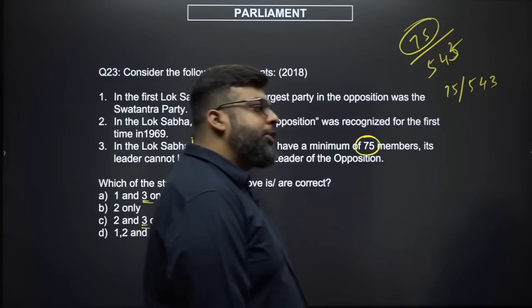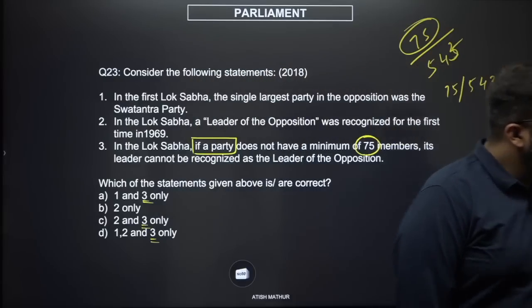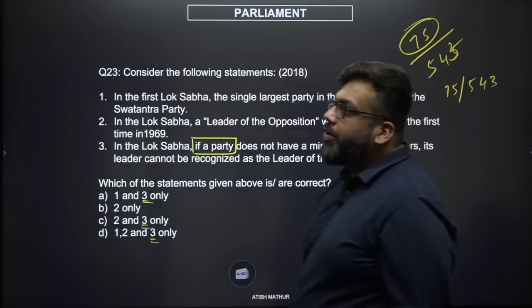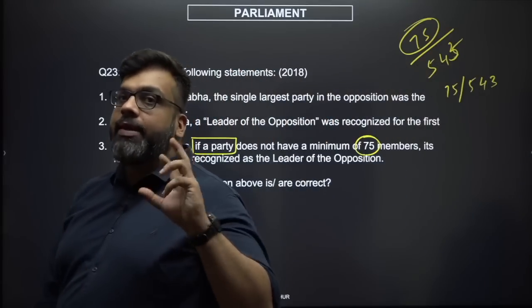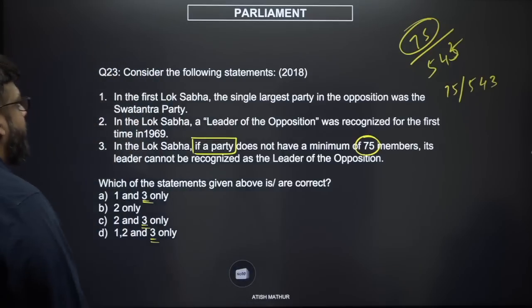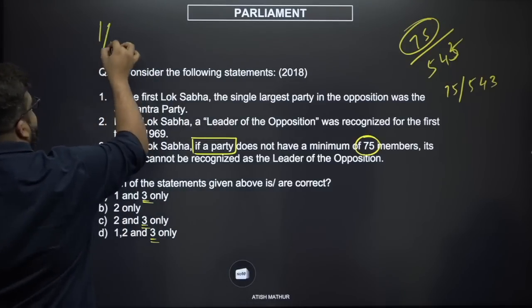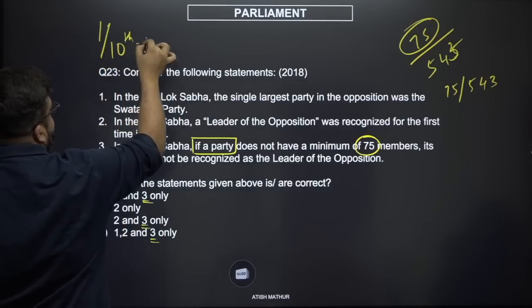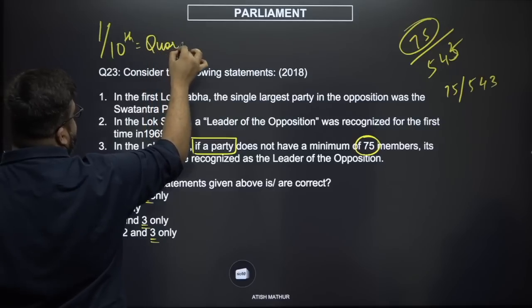This seems like too big of a number. If you think about it, where else have you seen these proportions? You would have heard of 1/10 of the members to be present for quorum to work, right?